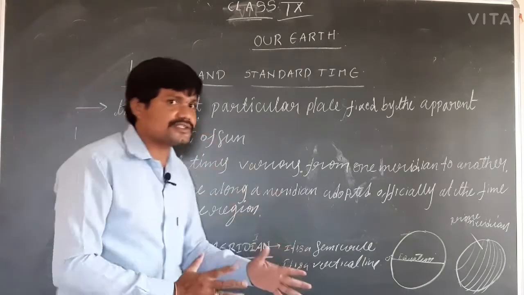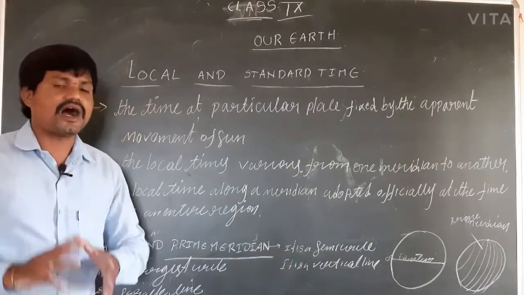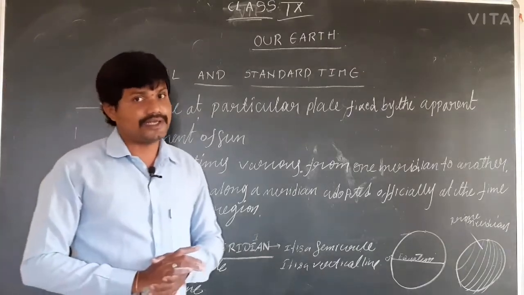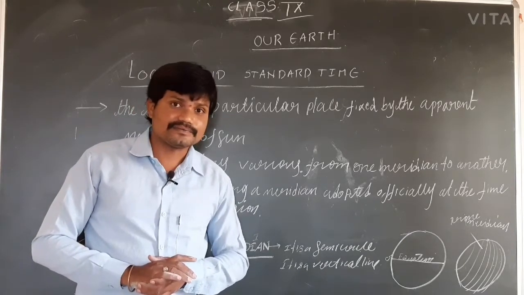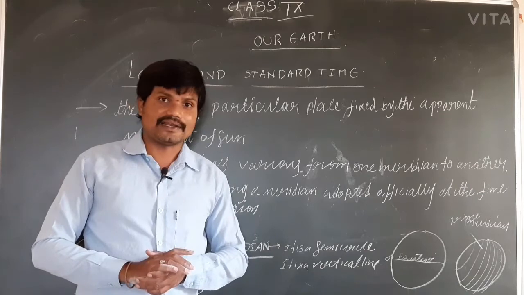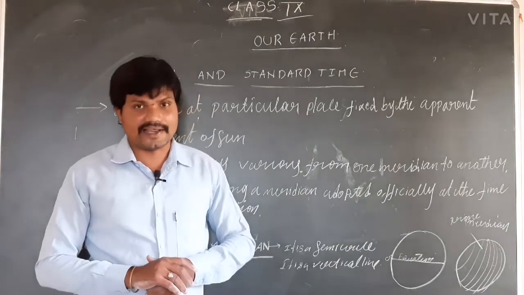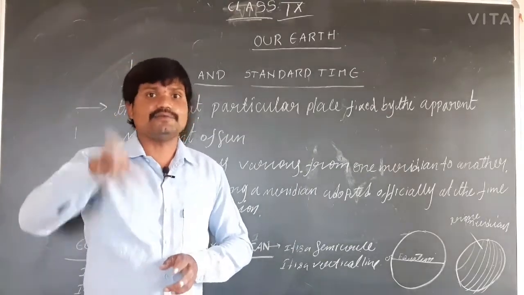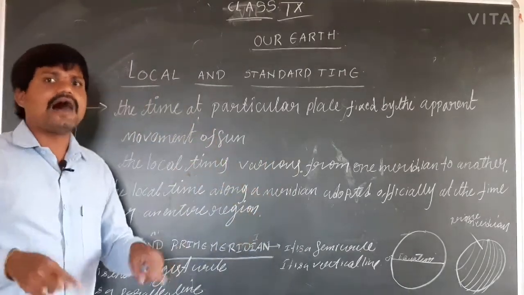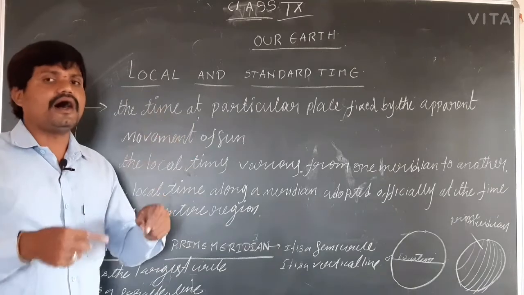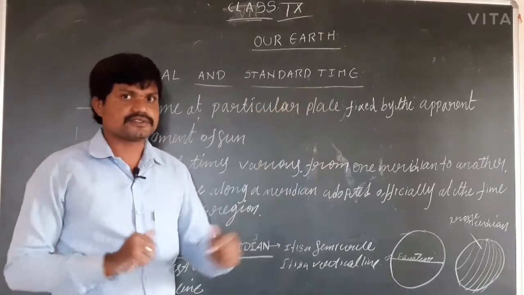How many latitudes are there? On a globe, there are 181 latitudes. The longest latitude line, which is called the equator, divides our globe or our earth into two halves.